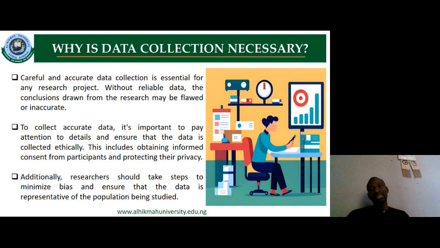When you are collecting data, why is data collection necessary in the first instance? A careful and accurate data collection is essential for any research project. Take note of that. This is because without reliable data, the conclusion that is drawn from any research will either be flawed, invalid or inaccurate. So you need evidence.